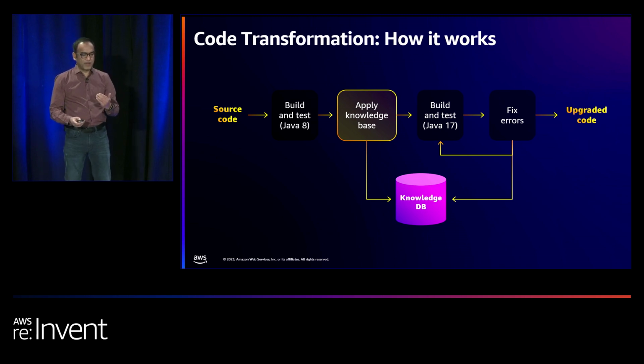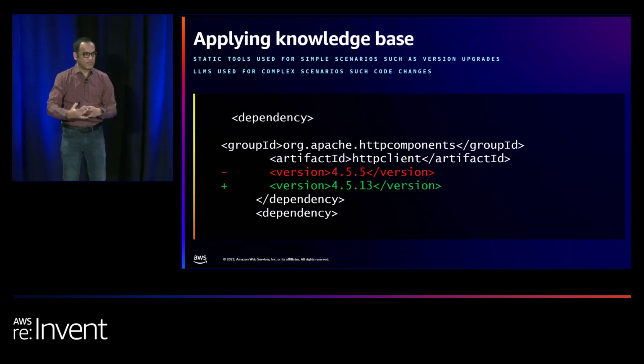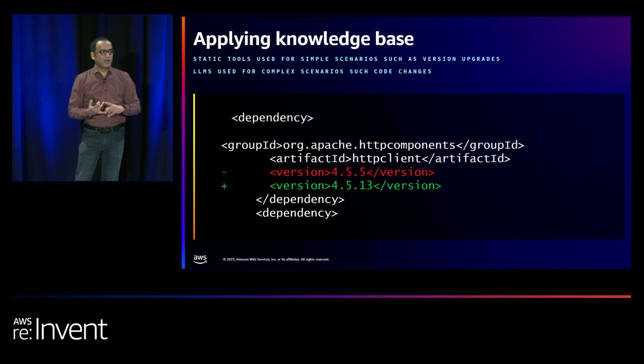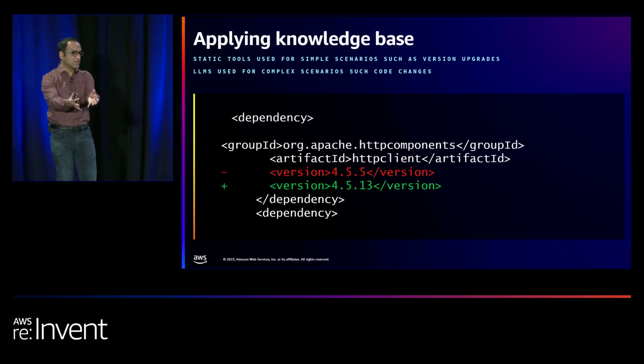But let me first give you an example of an application of the knowledge base. This is very similar to what I talked about before, where one of the big parts of our knowledge base is understanding the recommended library versions, and which version to upgrade from what. There again, we use static tools for simple scenarios, such as the one shown here.